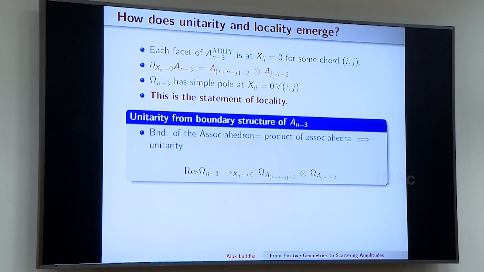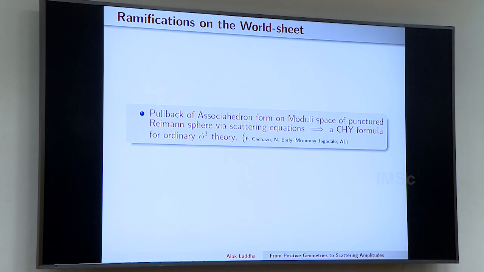So the third statement is really a statement of locality, in the sense that when we take some propagator on shell, we get simple poles. And because of the second point, the specific boundary structure of the associahedron, you can show that if you take xij to 0, so you go to some boundary of the associahedra and look at the residue of the form, it factors into lower forms on these associahedra, which is precisely the statement of unitarity when you go on shell. So it's because of this structure of these geometries that unitarity emerges.